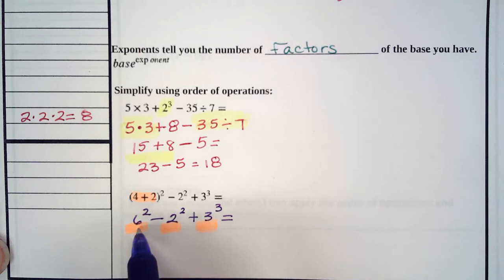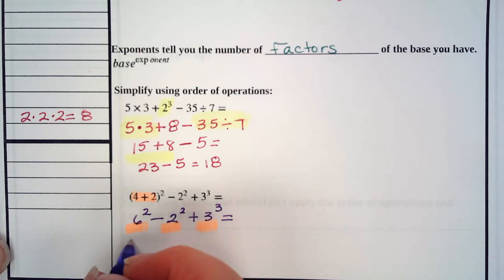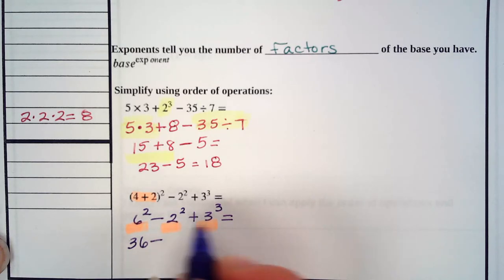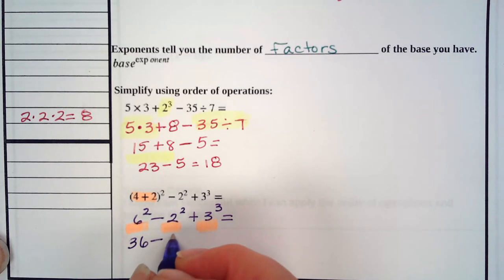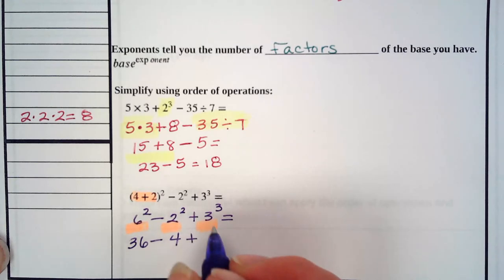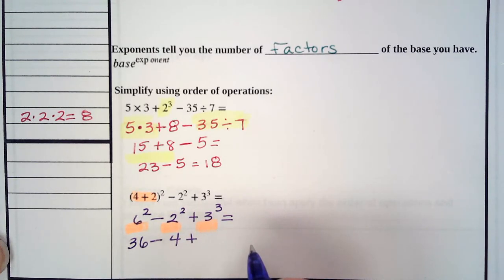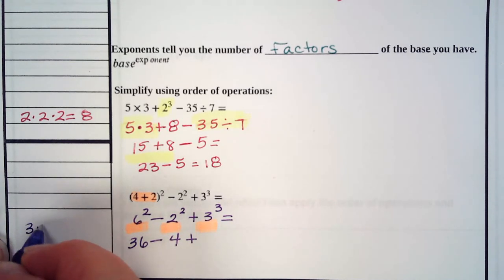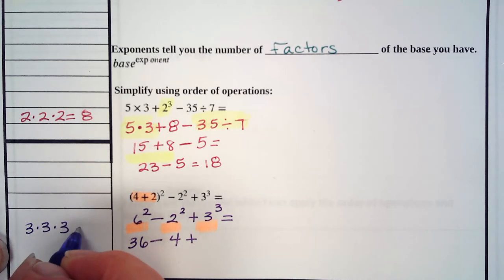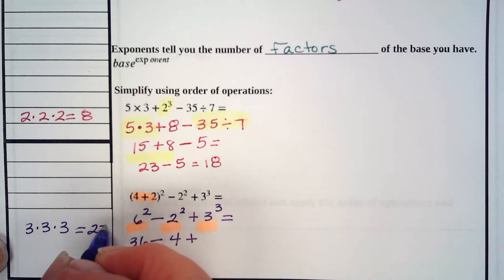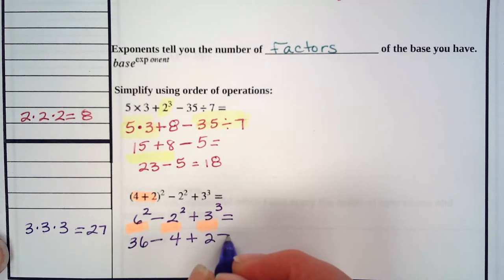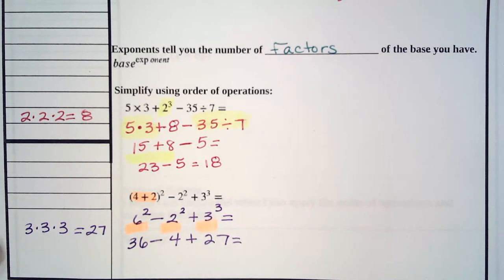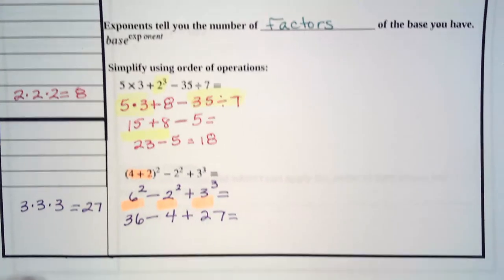6 squared. 6 times 6 is 36. Minus 2 squared. 2 times 2 is 4. Plus 3 cubed. 3 times 3 times 3. 3 times 3 is 9. 9 times 3 is 27. Okay, we've got 2 more steps.